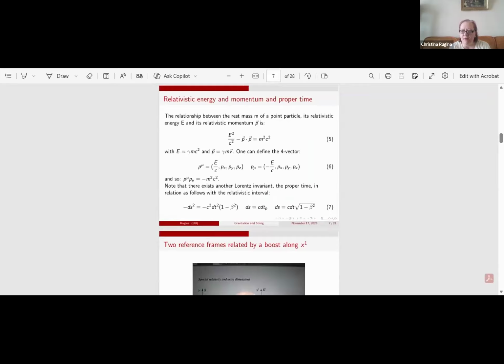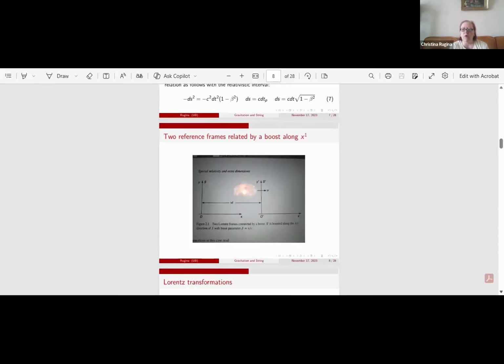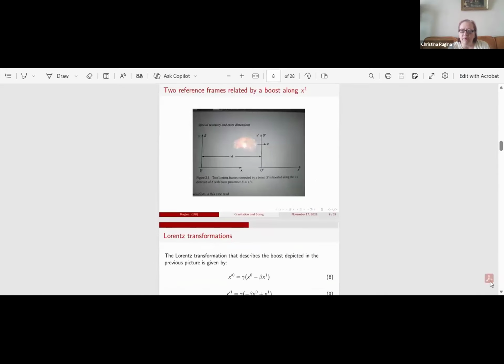So we go back here, the relativistic interval, the proper time, which you know, the dilation of time. So you take the proper time and you dilate it with the square root of 1 minus beta squared, going from one reference frame to another. So two reference frames related by a boost, which goes like a VT like that.